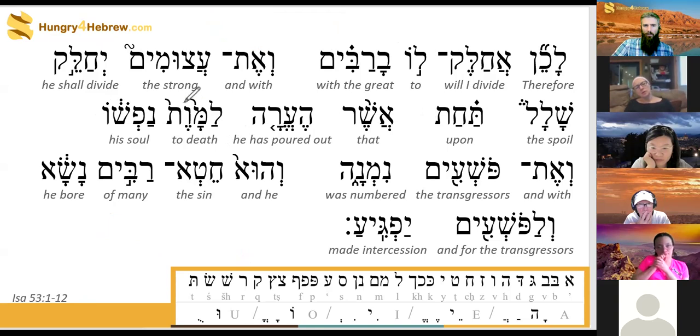Wow. I really would have expected mot nafsho. Ve'et posheim nimna, that's a nifal, v'hu chet rabim nasa. Vela posheim yafgia. Wow, that is terse and hard to read.